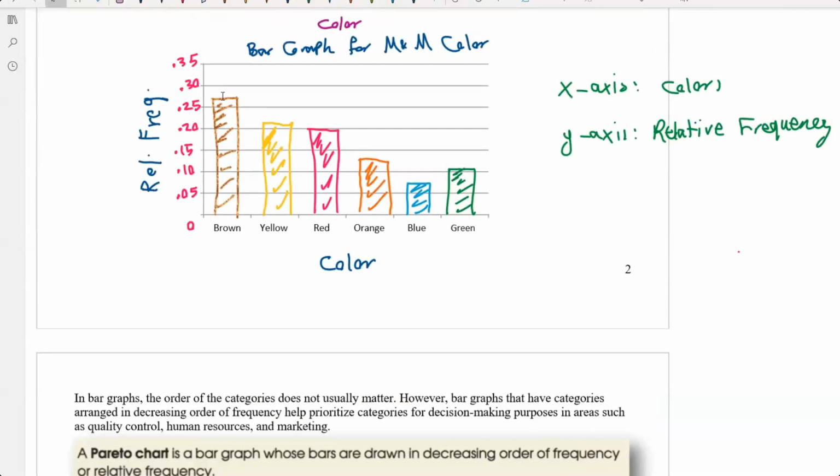As I said, here first we have decreasing order, and after that we have increasing. For a Pareto chart, we don't want to have that. We want to have all these in one order. So we're going to use green first, and after that blue. So we're going to interchange these two to have decreasing order for all of these.